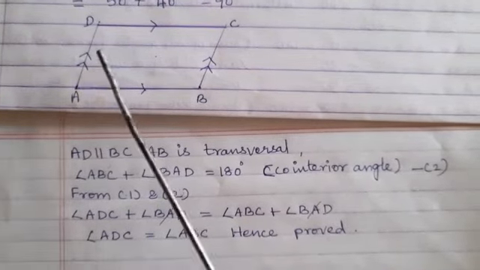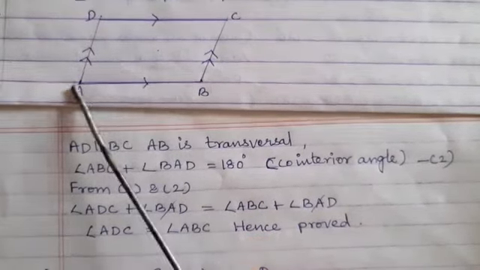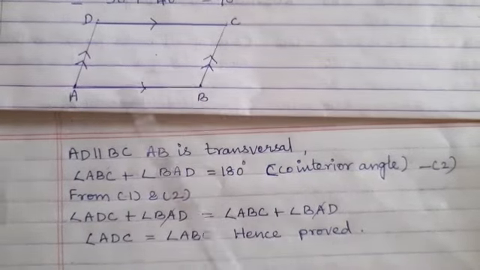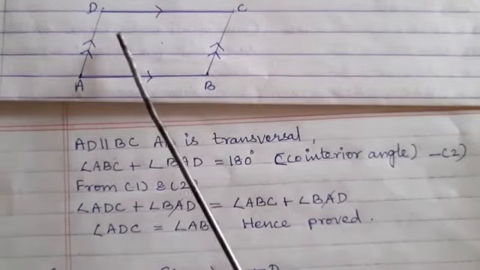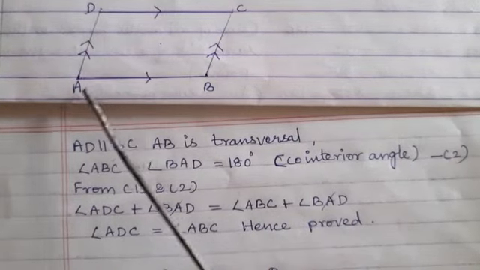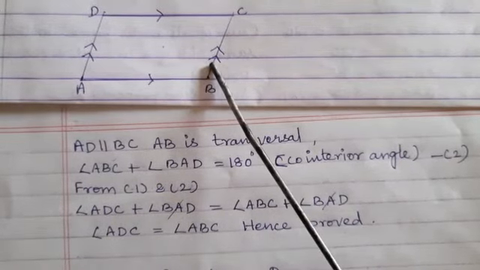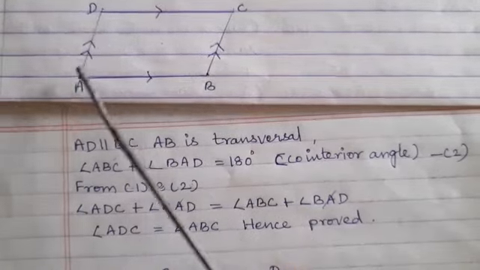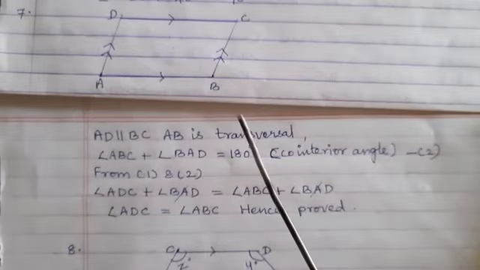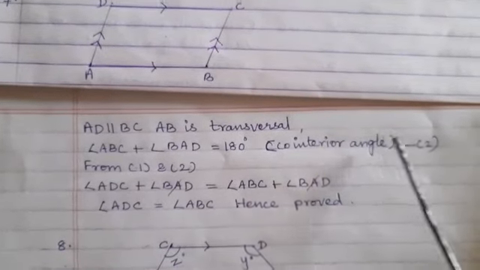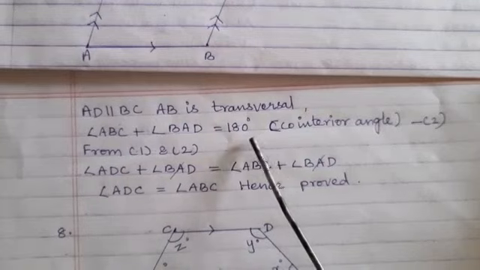Now we will take the next parallel lines, AD and BC, with AB as transversal. The two co-interior angles are angle ABC plus angle BAD. These two angles are co-interior angles, whose sum equals 180 degrees. I have written it here. So the previous one is equation 1 and this is equation 2. Both are 180 degrees.